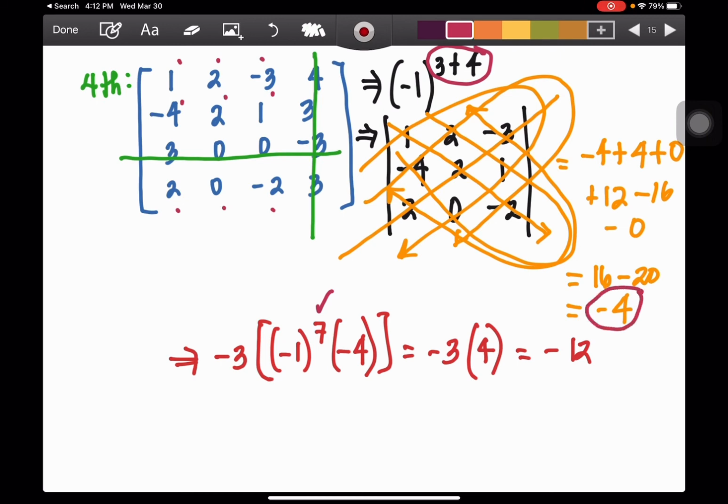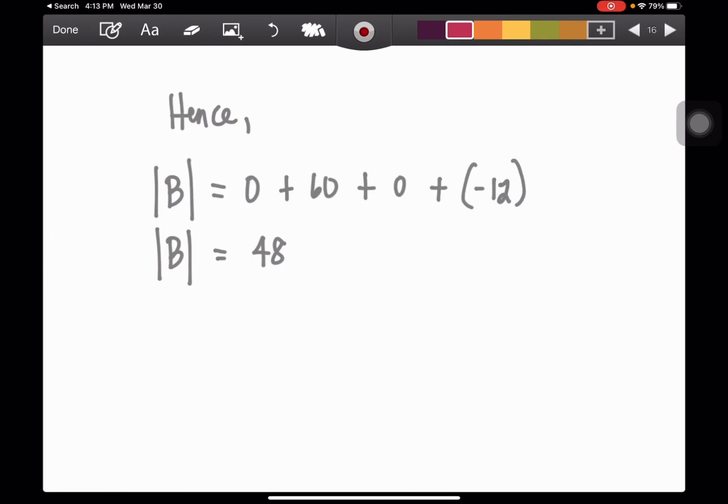So negative 1 raised to an odd number is negative 1 times negative 4 is positive 4 times negative 3, which is the intersection, and the product is negative 12. So we're done with the 4 cases. So let's now add the outcomes. So 0, 60, 0, and negative 12 when added is equal to 48. So the determinant of matrix B is equal to 48.